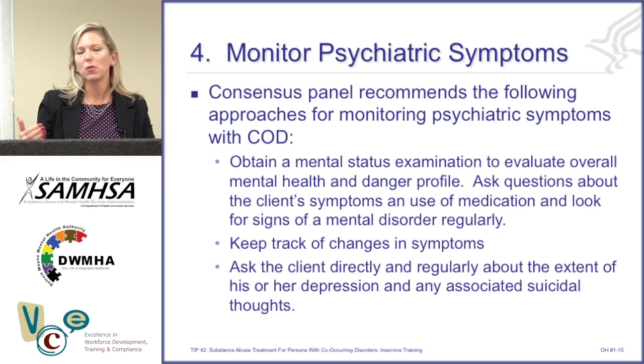Ask yourself, how do you get that kind of information to the person who's prescribing medications for that person? That can be the psychiatrist, the primary care doctor, anyone, it could be the nurse that's working with you. But make sure that person knows that something isn't quite right, something has happened that's different.